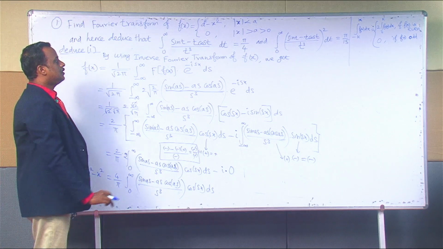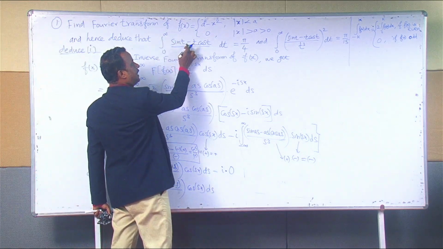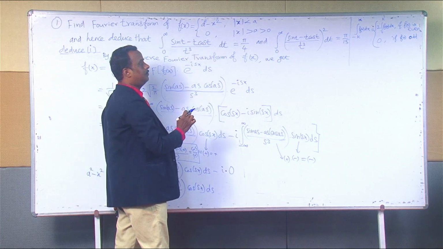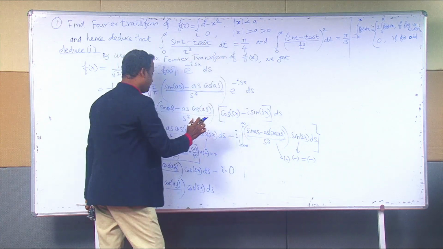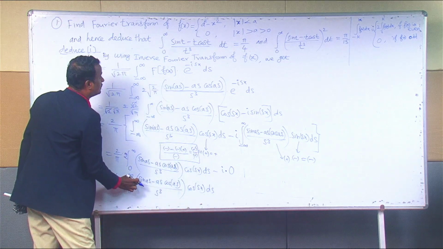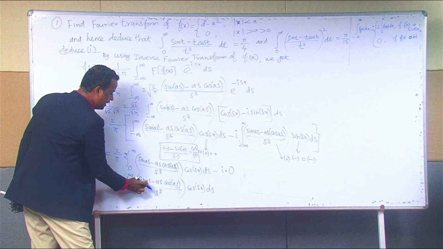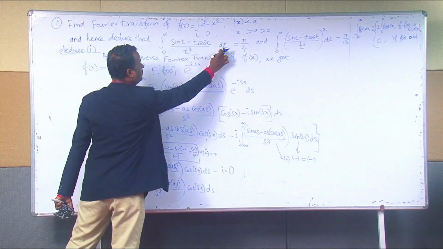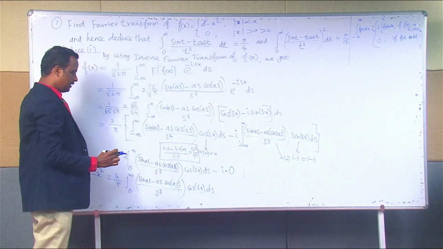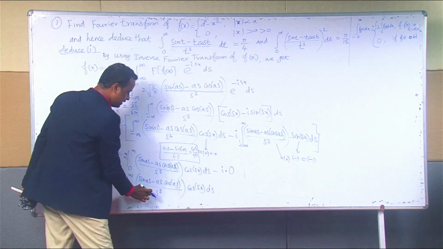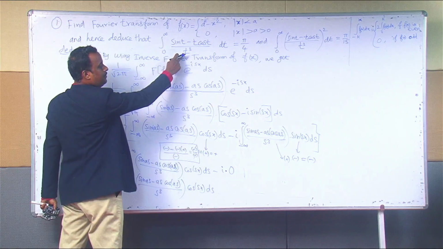Now we are going to prove that the integral from 0 to infinity of sin t minus t cos t divided by t cube is equal to pi by 4. Here we get the same expression as in sin s. Here there is an s cube part, and there we have a t cube part.